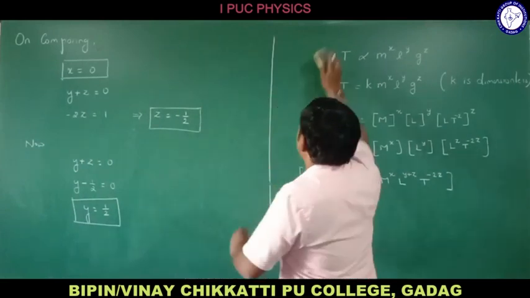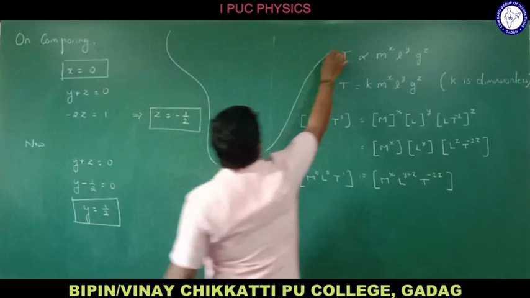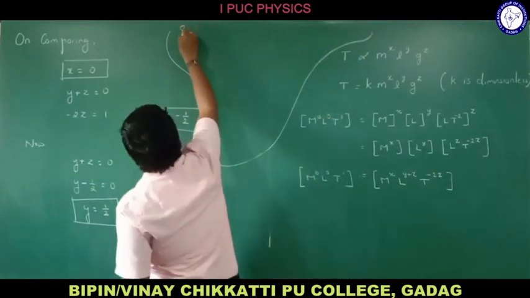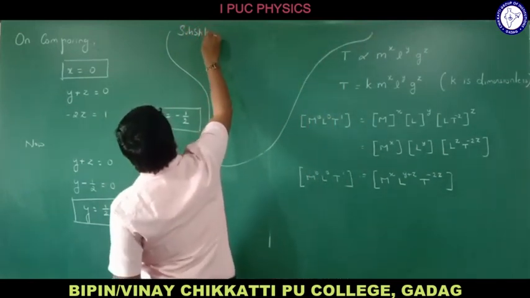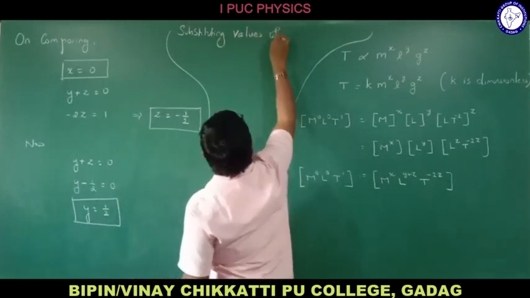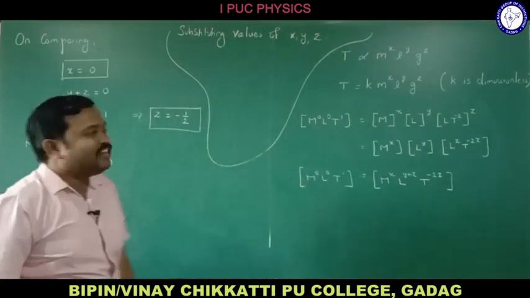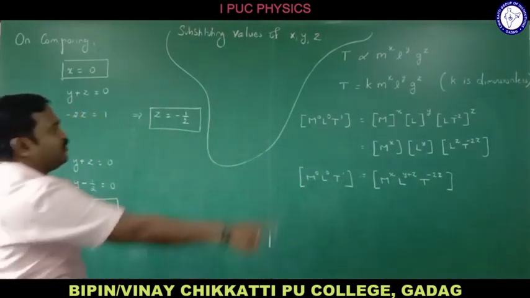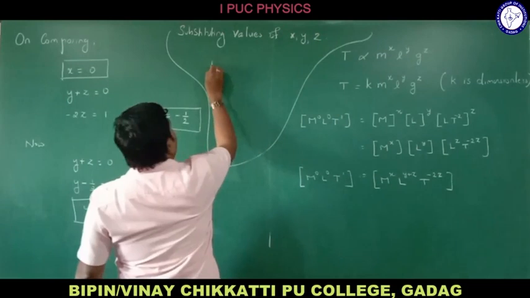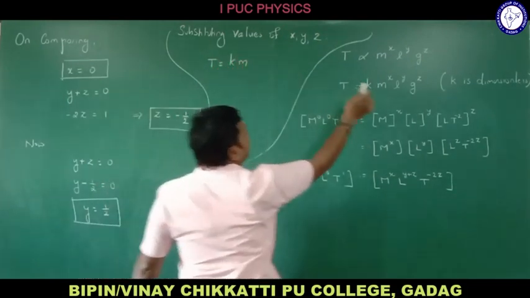So now I will be substituting these values in the equation. Let me write like this, okay? Substituting values of x, y and z, right? So let me substitute. Where do you substitute? In this equation. We want the expression for t, right? That is equal to k m raised to x.